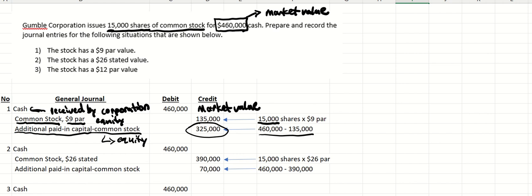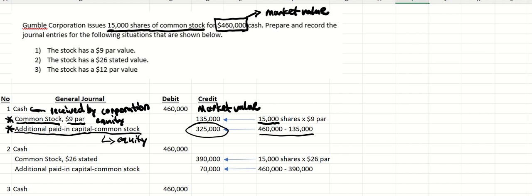So these are the two important accounts here when it comes to recording the issuance of stocks. Okay, now we go to the next one. Number two, the stock has a $26 stated value. So same as the first one here, except that the stated value is $26 instead of $9.